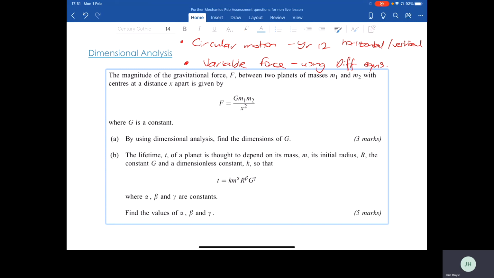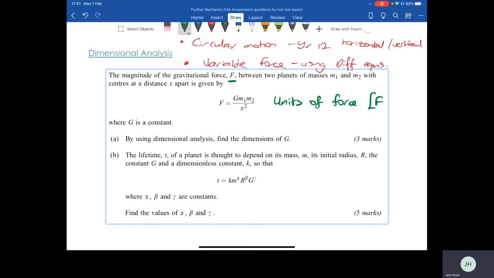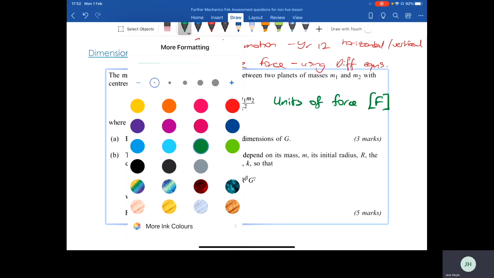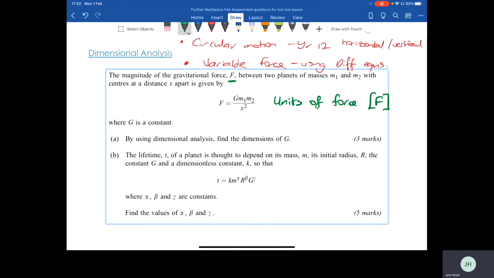There's a slightly odd bit of notation there. So it's mentioning here specifically force. And we would say that the units of the force, it's got this kind of square bracket notation. And then what we say as well is, okay, force, we know force is in newtons, but we talk about the SI units.